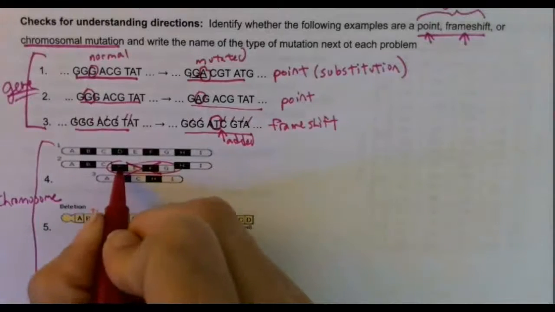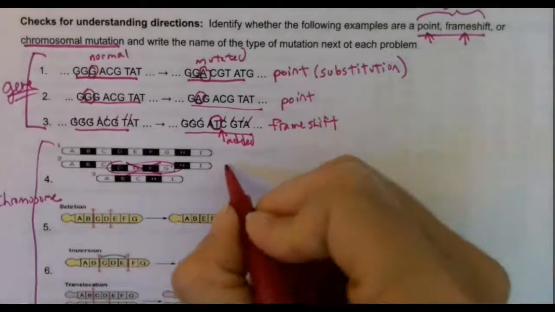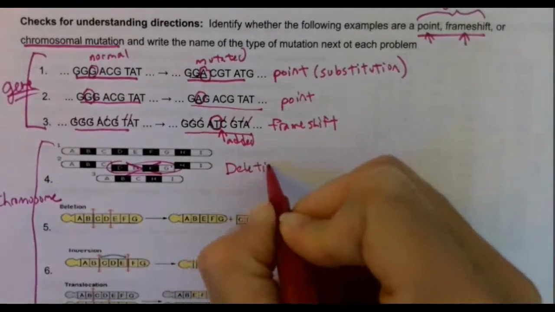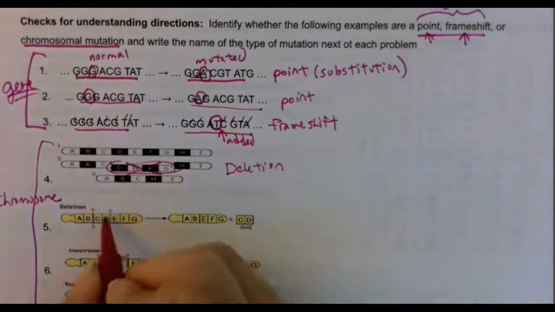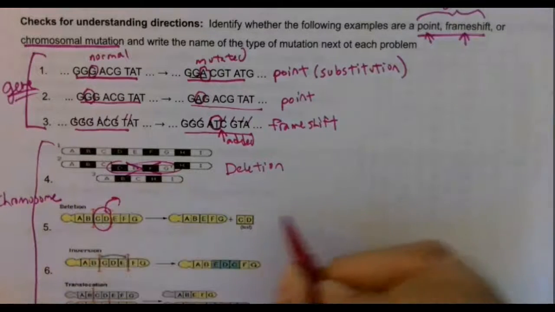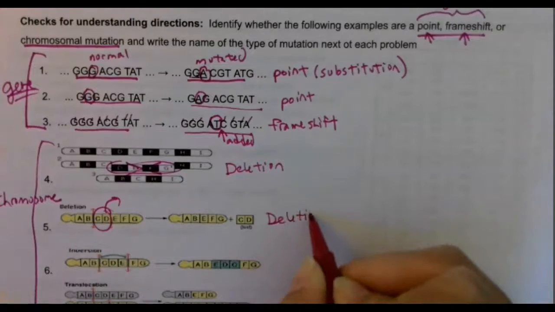So genes D, E, F, and G are all totally gone. So that's a deletion here. On 5, it looks like C and D were removed. So again, we have a deletion.